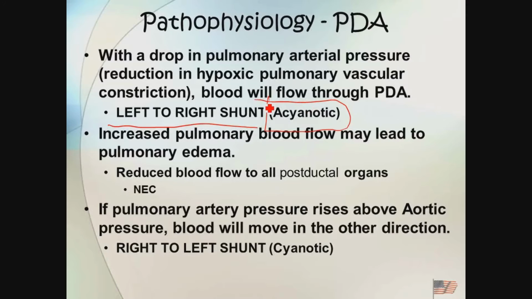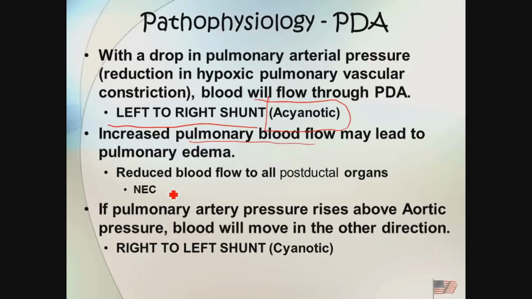Okay? That's not a good thing necessarily, because if there's a large amount of blood flow going from left to right through that ductus arteriosus, I'm having increased blood flow, which potentially could lead to pulmonary edema. Does that make sense? I'm putting more blood in there than it's supposed to have.